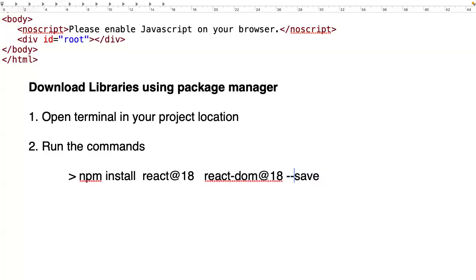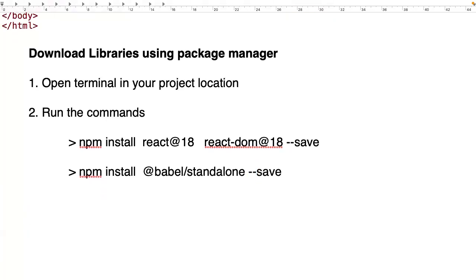That is one thing you have to do. Another is npm install @babel/standalone and save. These two libraries you need to download. So you need to run these two commands: npm install react 18 and react-dom 18, and Babel standalone.